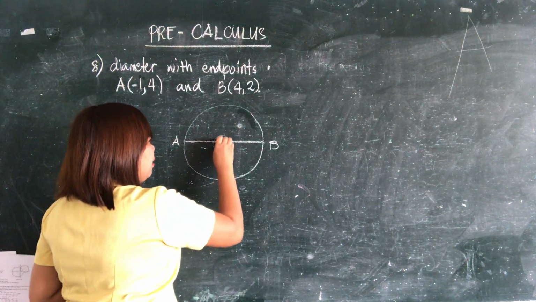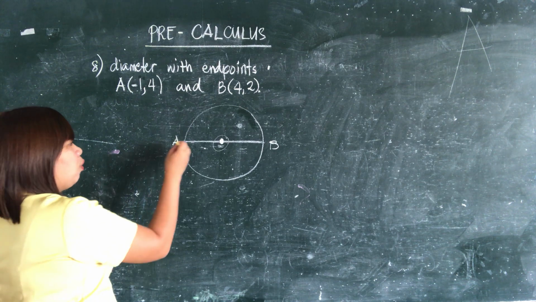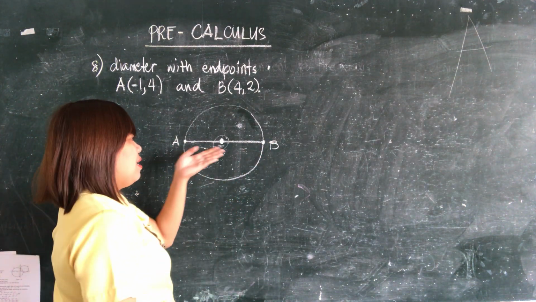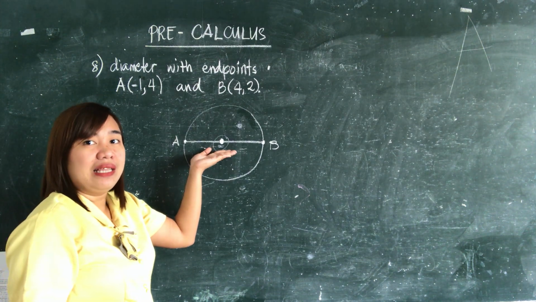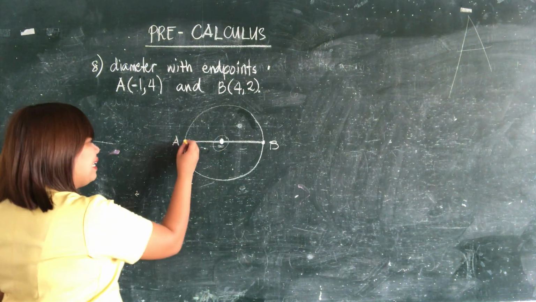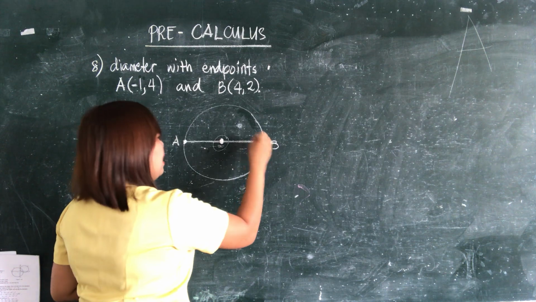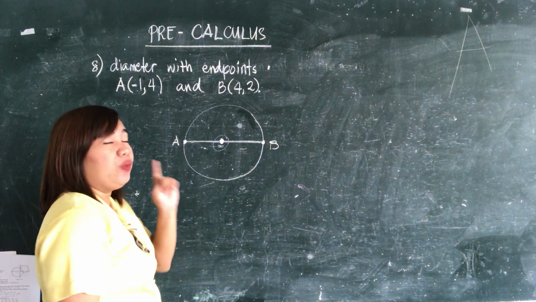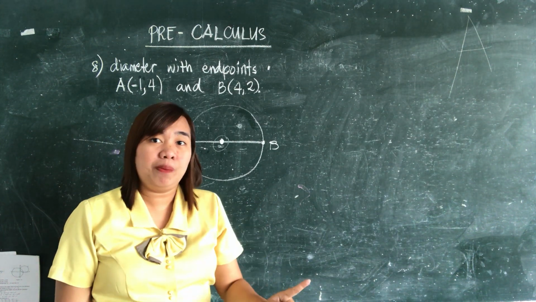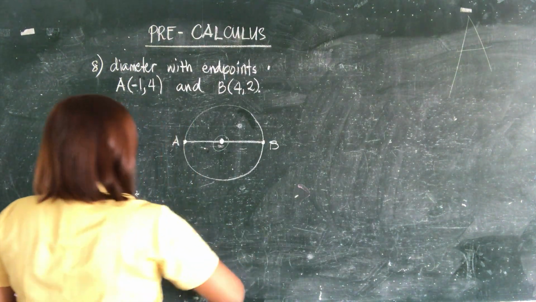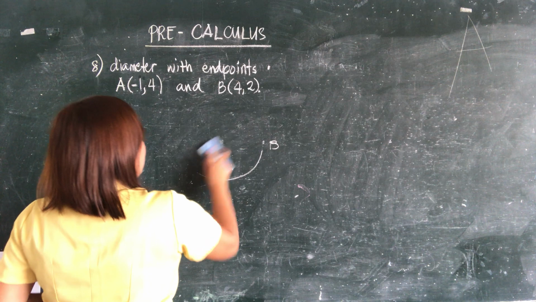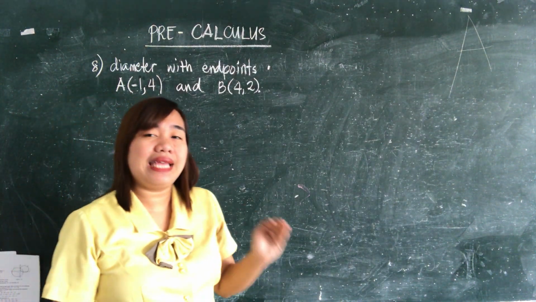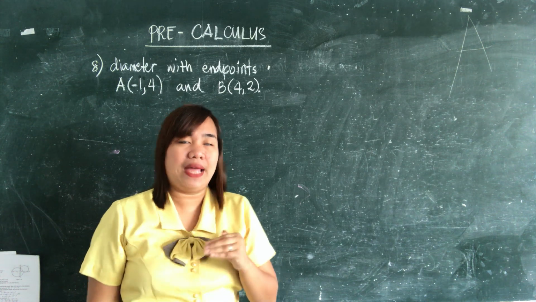And this center, in relation to point A and point B, represents here the midpoint of the line segment AB. So in order for us to get the ordered pair of the center, we are going to apply the midpoint formula.